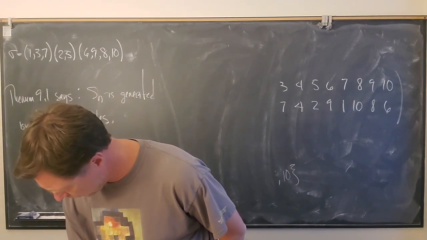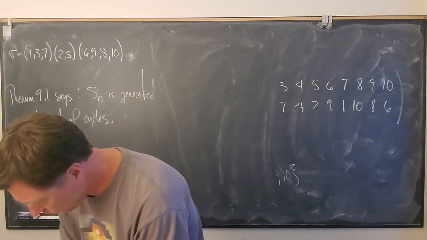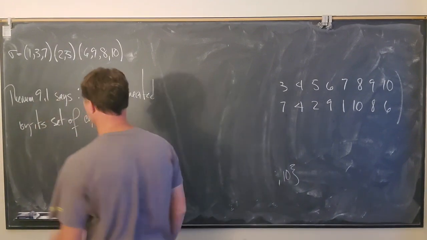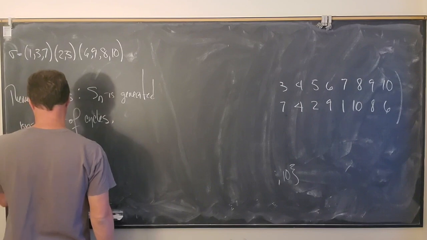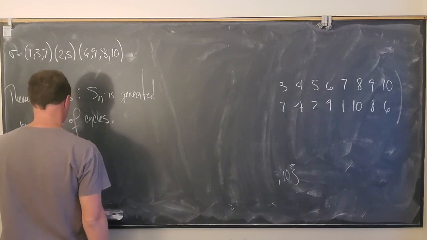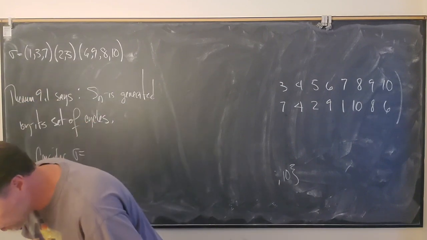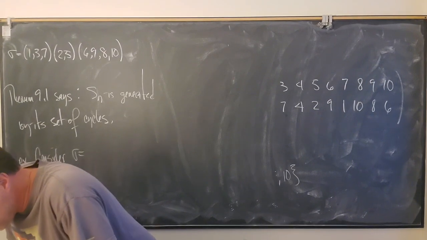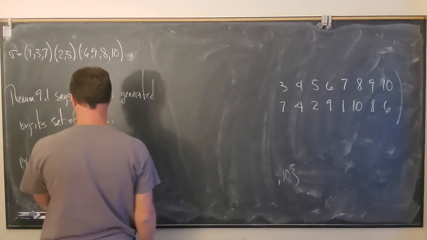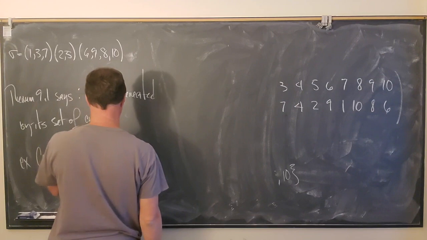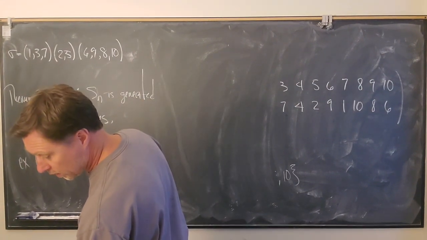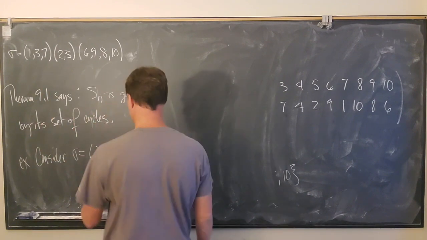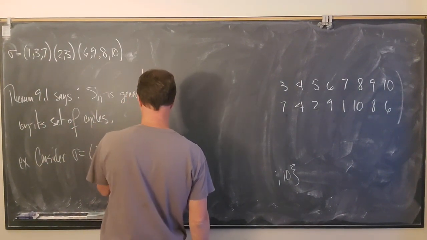Let's do another example. So let's consider sigma equal to 3, 5, 4, 6, 7, 8, 9.